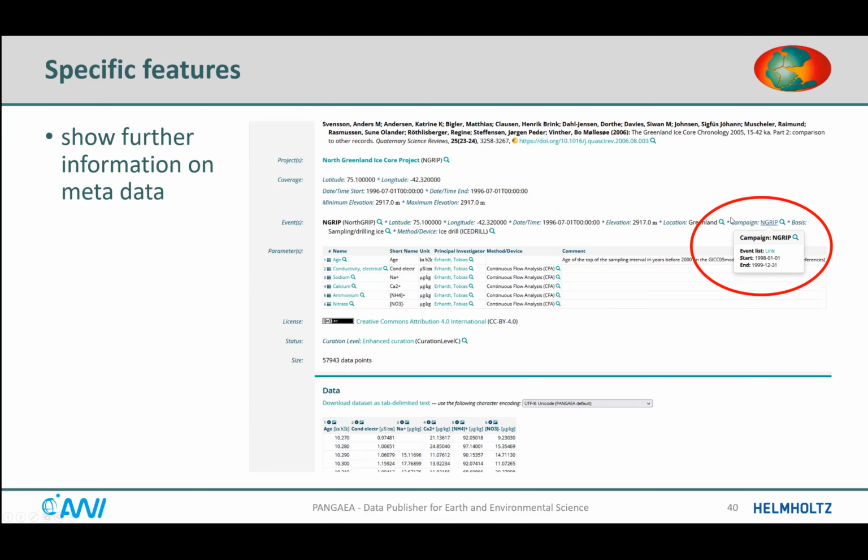And there's also information about a campaign, under which campaign this data set was created; expedition is a synonym for campaign. And there's again the little magnifying glass, but also if you hover over NGRIP, you can see even more information, for example, when exactly this campaign started and ended.